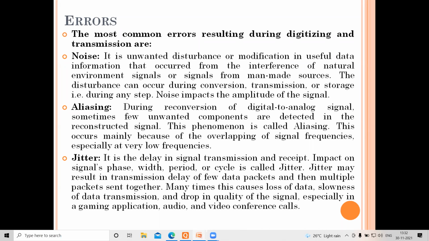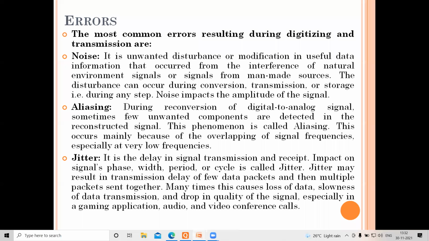The next one is aliasing. When you are converting digital to analog or analog to digital, unwanted components are detected while you reconstruct. During the reconversion process from digital to analog signal, sometimes a few unwanted components are detected in the reconstructed signal.